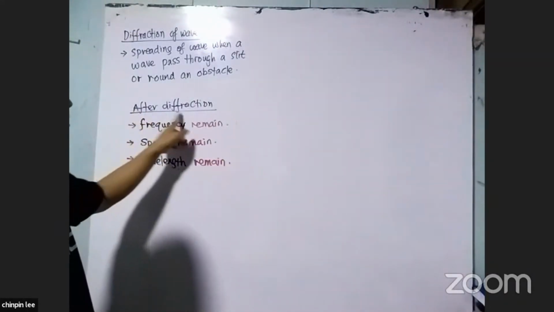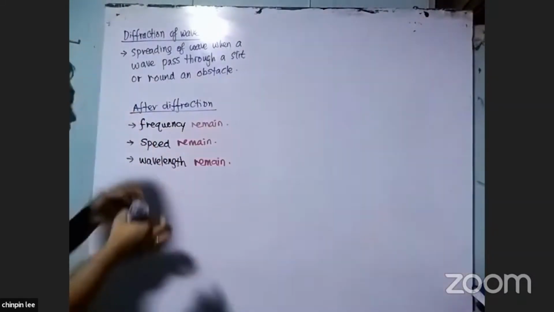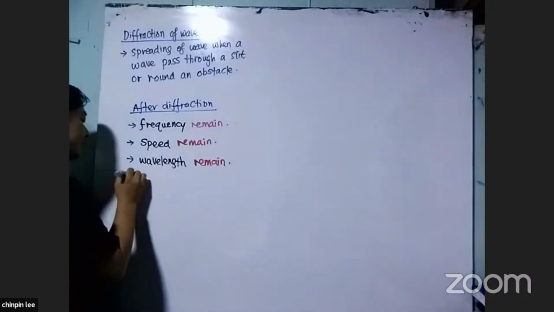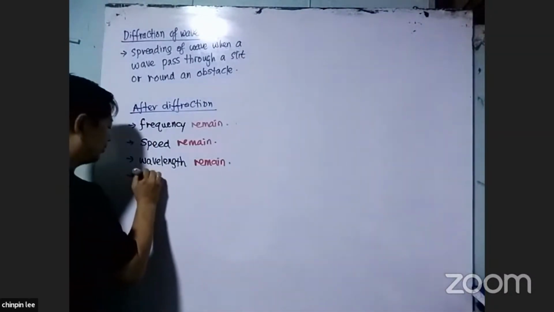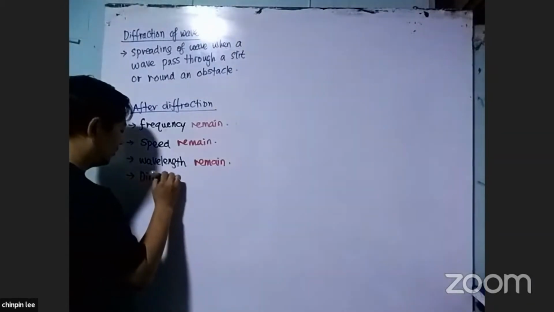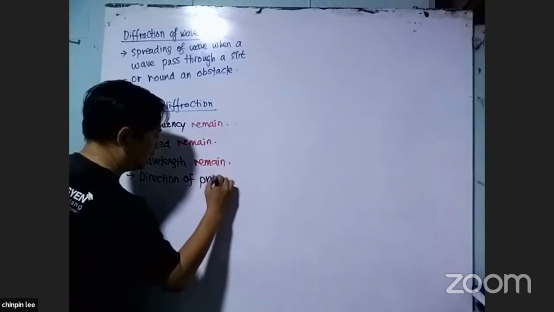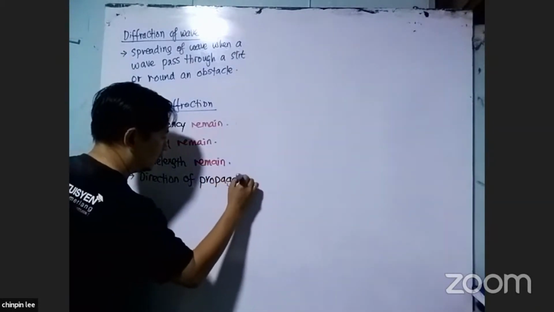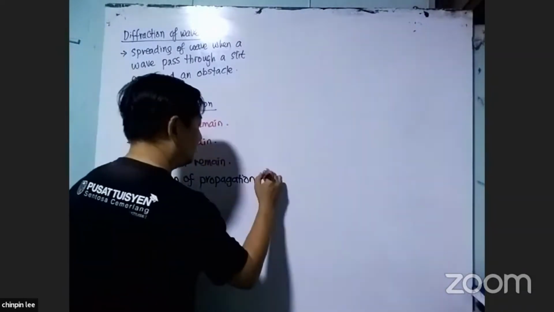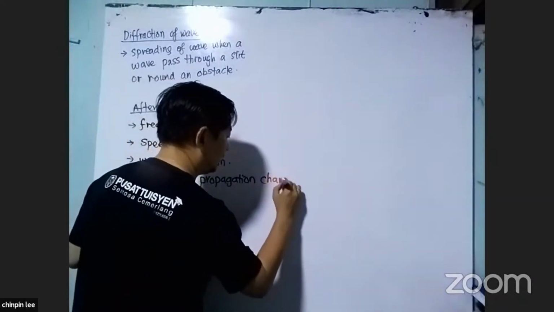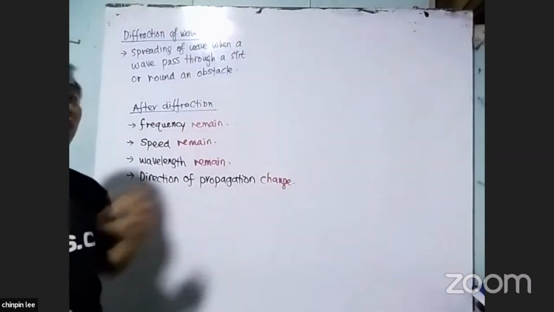But if it diffracts, the depth is still the same, so it will not change. Lastly, it is direction of propagation. This one must change. Direction of propagation will change.